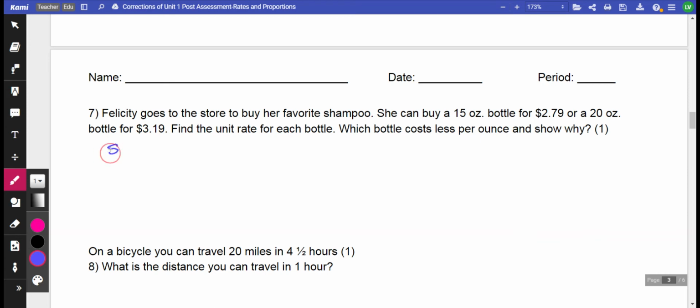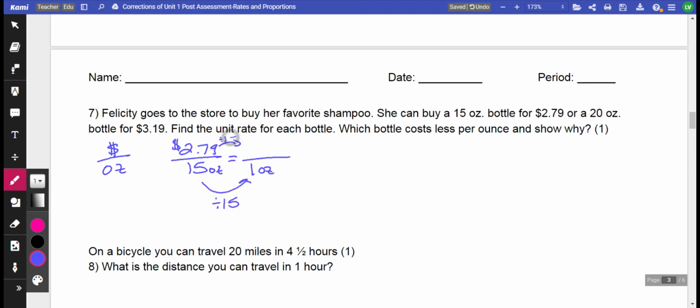Well, for both of these ratios, I'm going to do dollars per ounce. So the first bottle is $2.79 per 15 ounces. To get the unit rate of 1 ounce, to get from 15 to 1, I need to divide by 15.